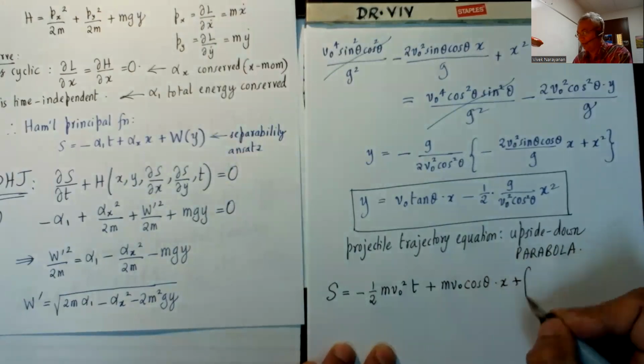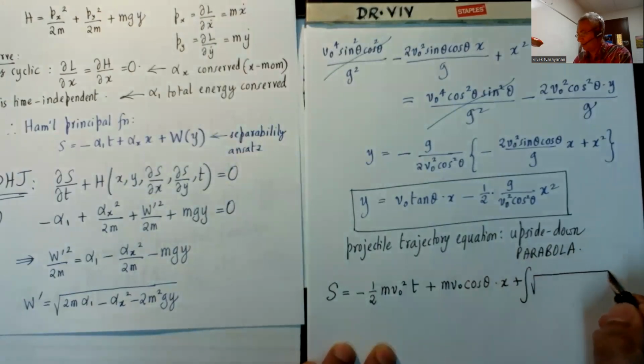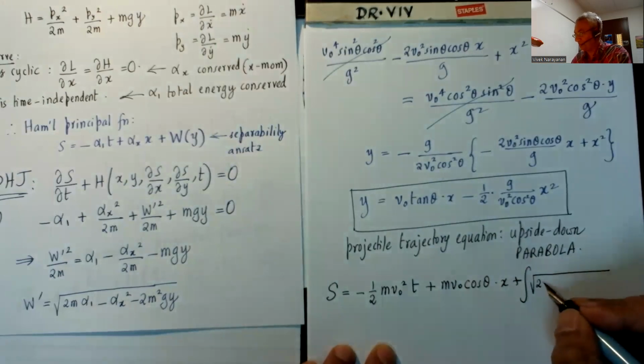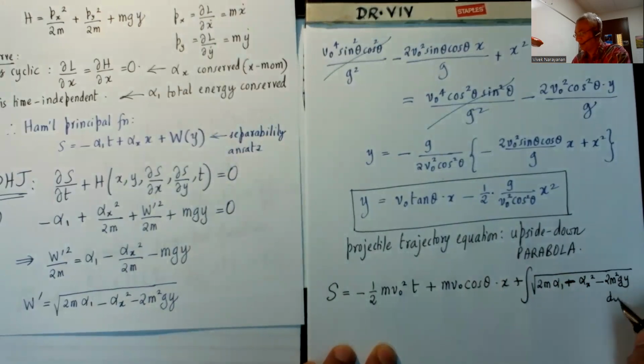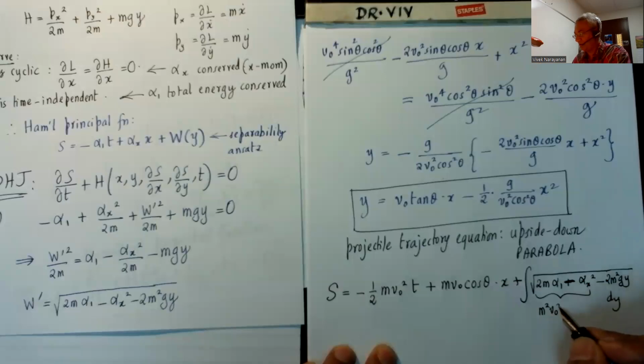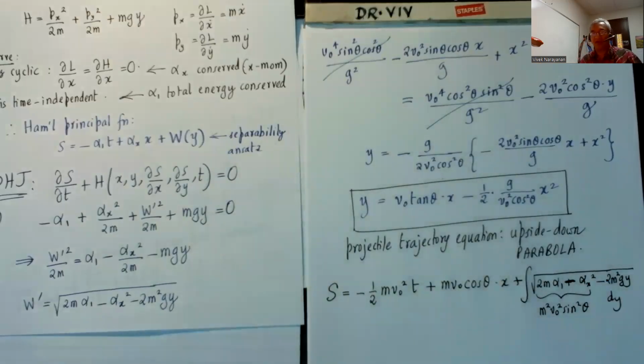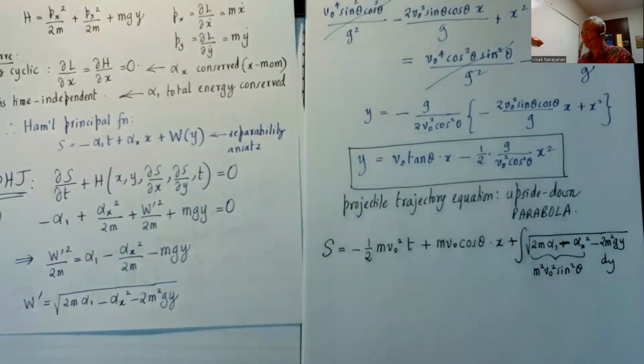And then W, which is the characteristic function, integral of the square root of 2m alpha 1 minus alpha x squared minus 2m squared g y, times dy. And I just want to note that this quantity here is just m squared v naught squared sine squared theta. We've already seen that many times. So just keep that in mind.